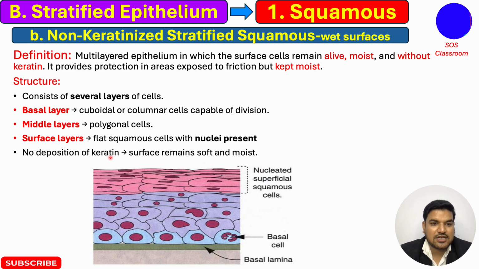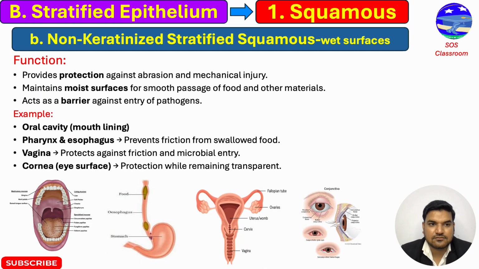There is no deposition of keratin, and the surface remains soft and moist. You can see these are the nucleated superficial squamous cells. This is the basal layer, and this is the basal lamina, which means basement membrane. Non-keratinized stratified squamous is present on wet surfaces.